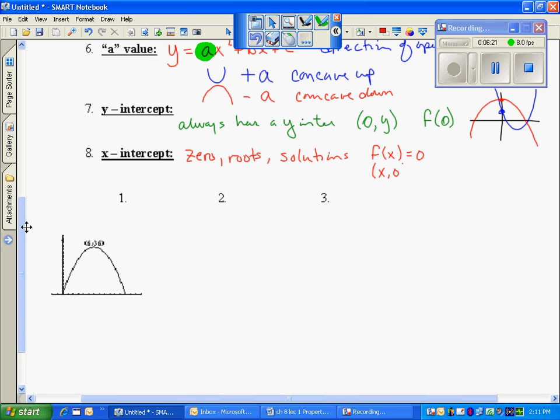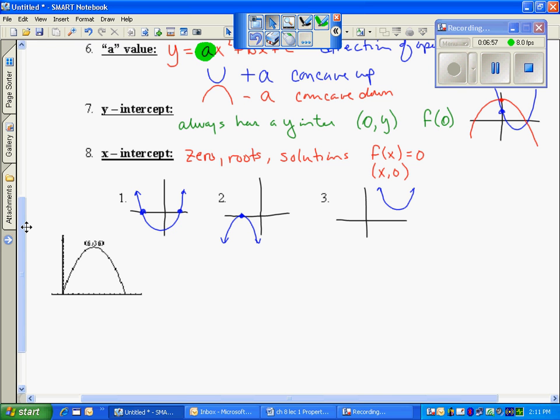So to locate these, we'll actually have 3 scenarios that we'll be looking at for the x-intercepts on my graph. One scenario might be that my graph intersects the x-axis twice. Another scenario might be my graph intersects my x-axis only once. We might even have a third scenario where my graph actually never intersects my x-axis. Still has that shape, but it's not hitting that x-axis.